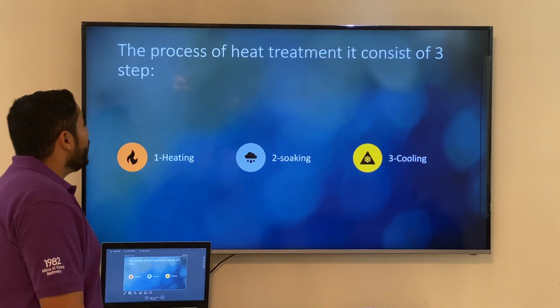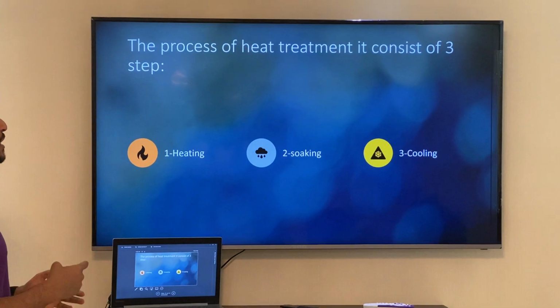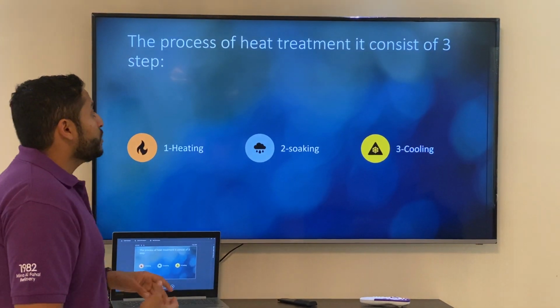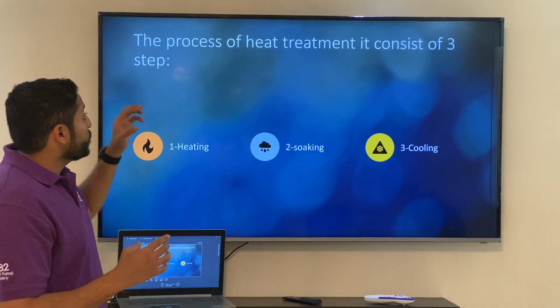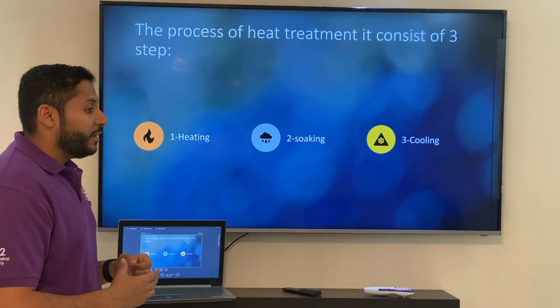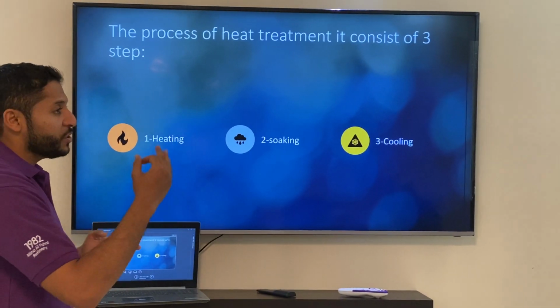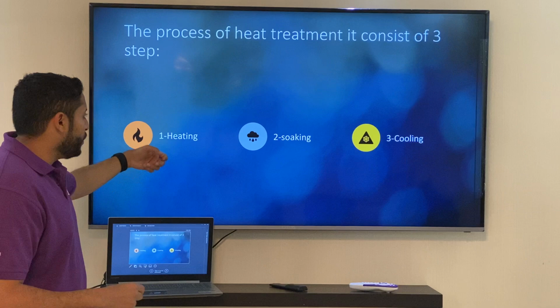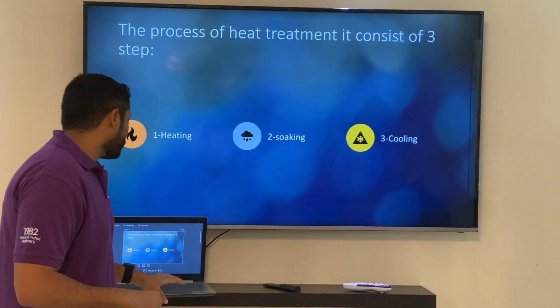Okay, the third and last question is about the purpose of heat treatment. The process of heat treatment consists of three steps. The first is heating, the second is soaking, and the third is cooling. Okay.